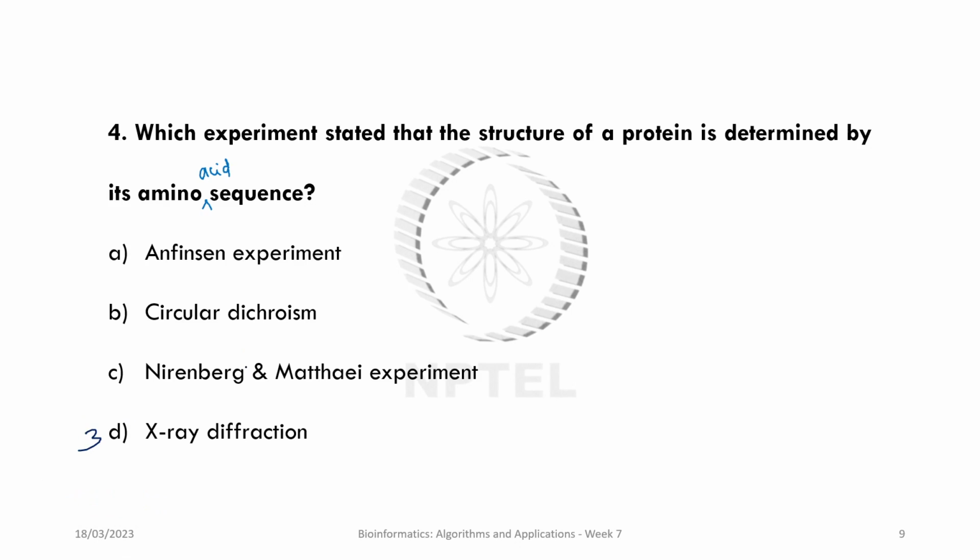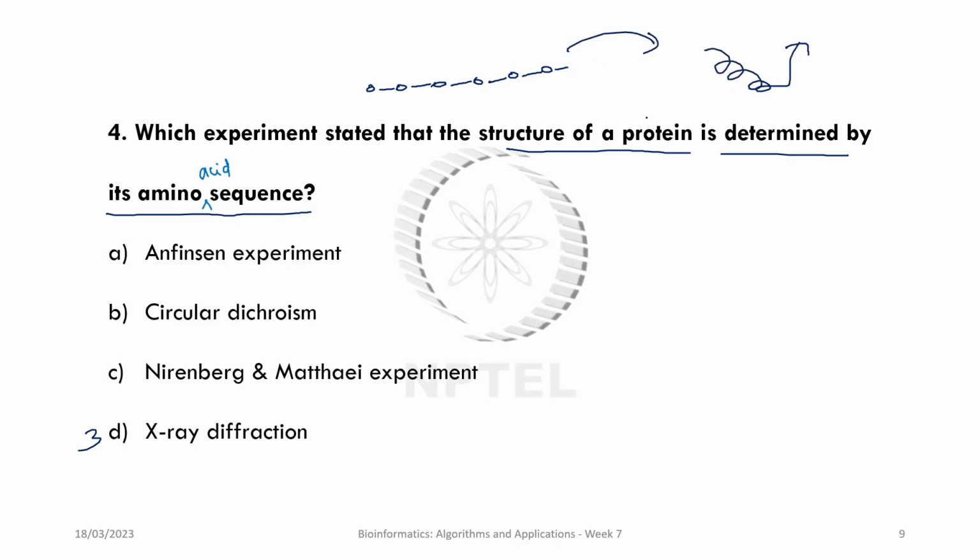So why not the others? Look into the question again. Which experiment stated that structure of a protein is determined by its amino acid sequence? So it is the sequence or the chain of amino acids, and what comes after what determines the structure. Circular dichroism and X-ray diffraction are techniques.